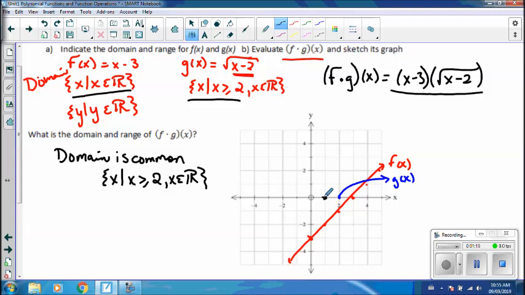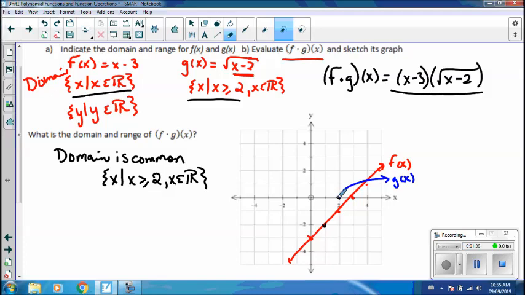So I can't take that and times it by the value on f of x. It just makes sense that if the graph only exists starting here, that's a value I can times by f of x in red.